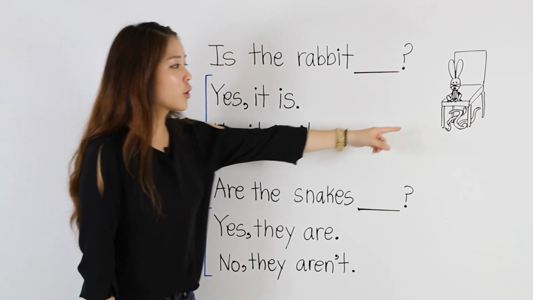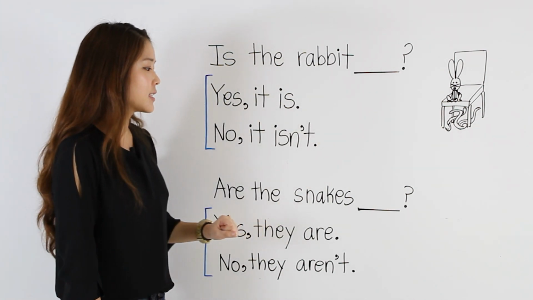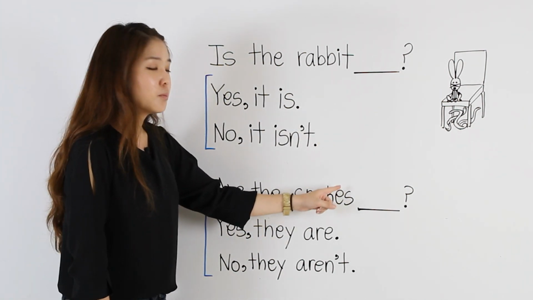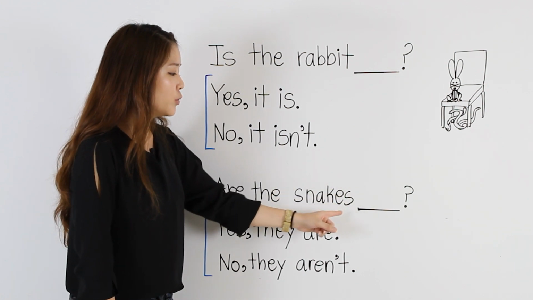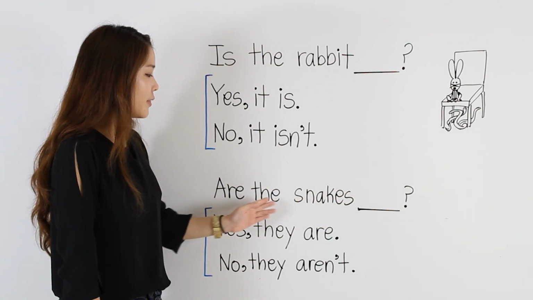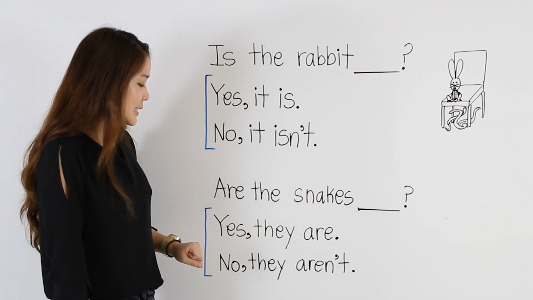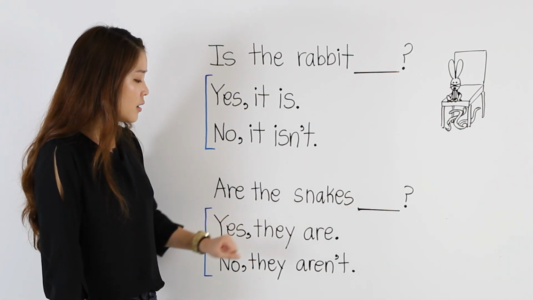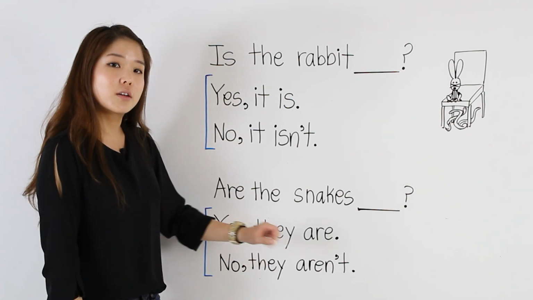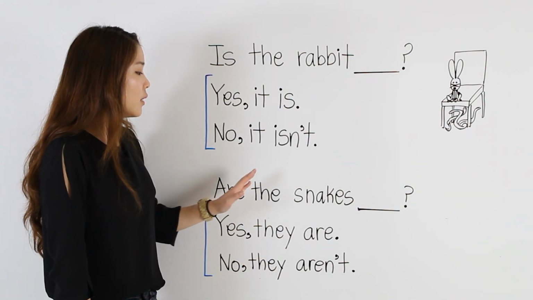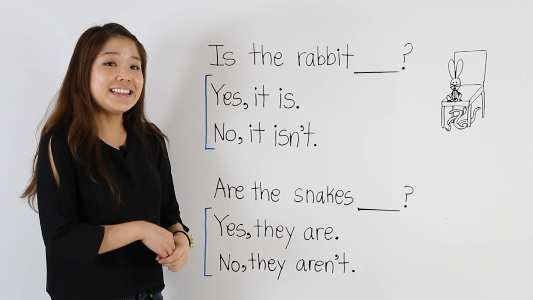Okay, now we're going to move on to the snakes. Now, there are more than one, right? So it's plural. So we say are the snakes with an S. Okay, so again, think, is the answer yes, they are, or no, they aren't? Are the snakes in the chair?